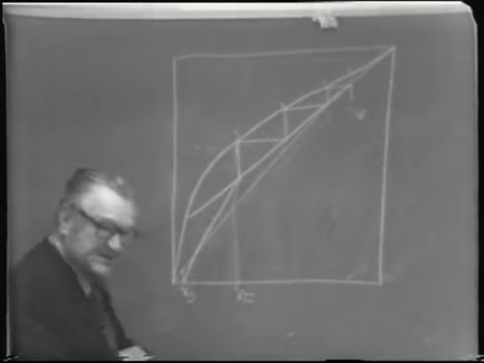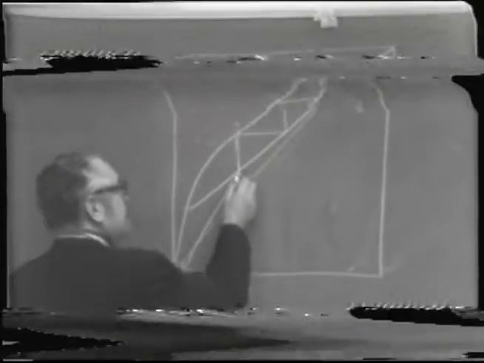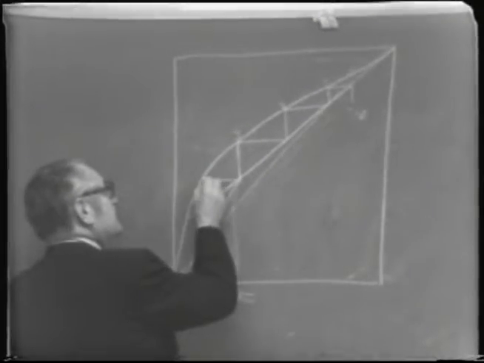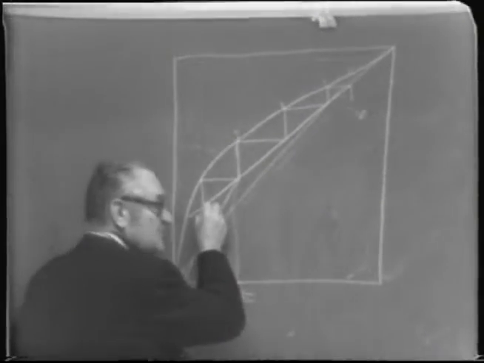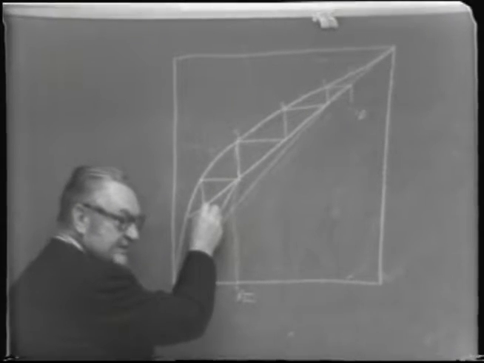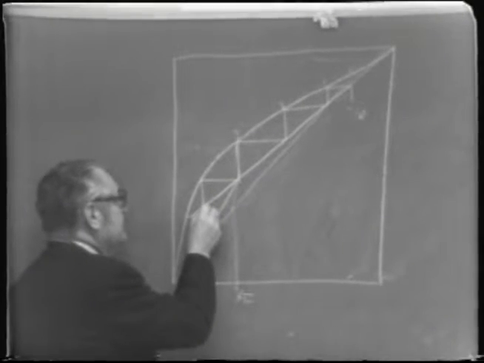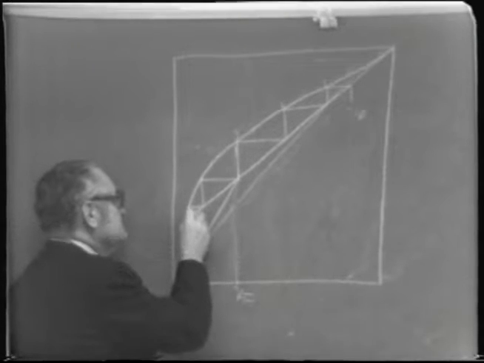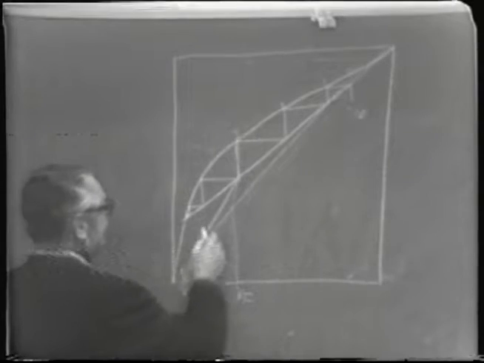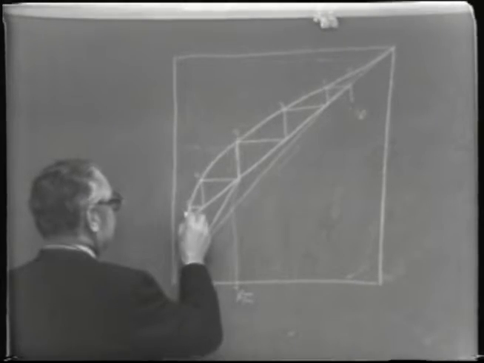And so you represent this on the diagram by continuing the steps until you've used up all the trays that you have. Something like that. In other words, here's 3, 4, 5, 6, 7.